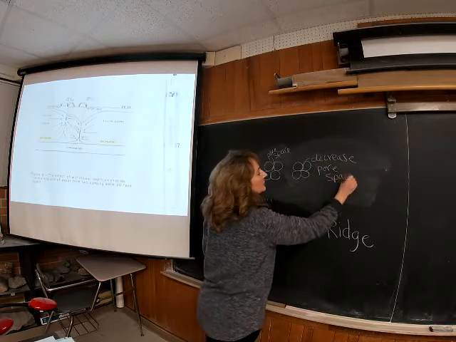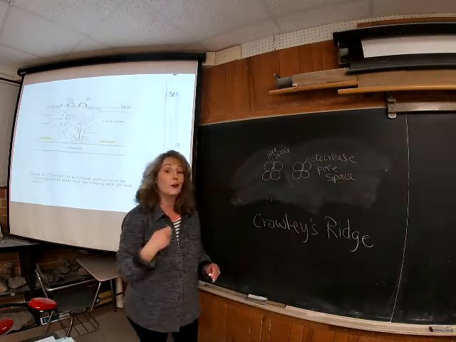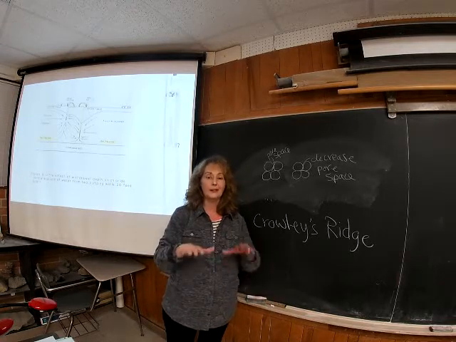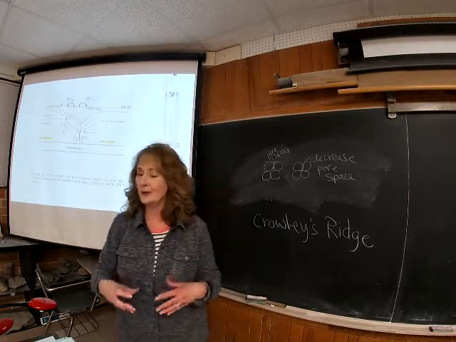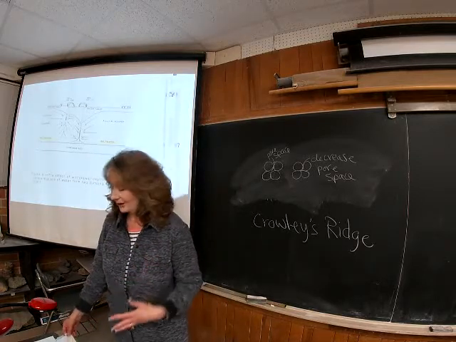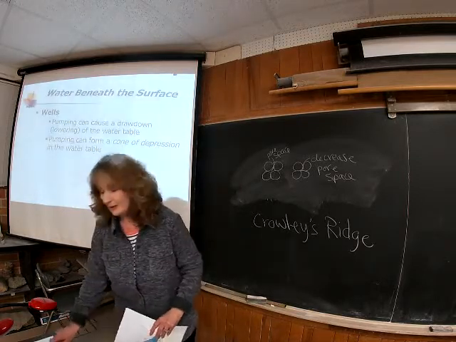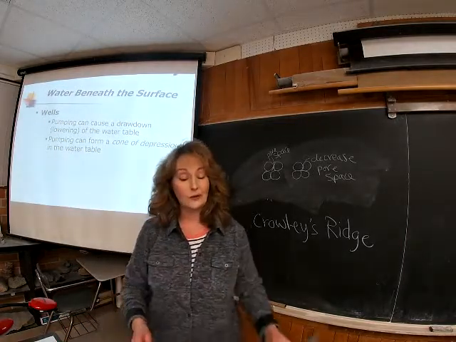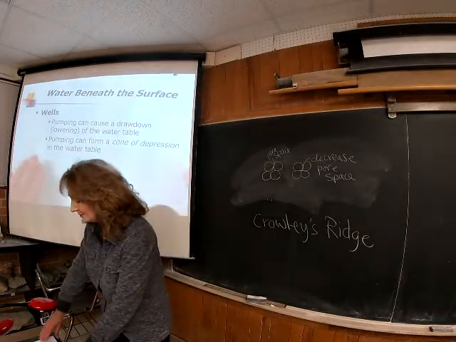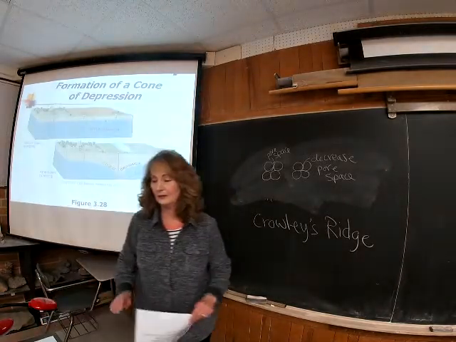And once you lose that pore space, you don't get it back. And so that can cause subsidence of the land. So these are some problems you can get from over pumping and drawing down your wells, this cone of depression here on your water table. That can create a lot of problems.